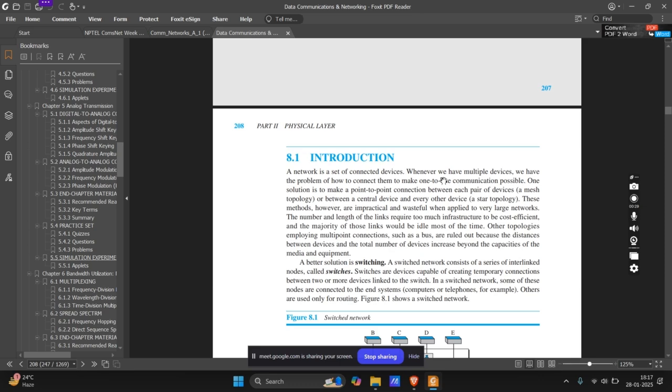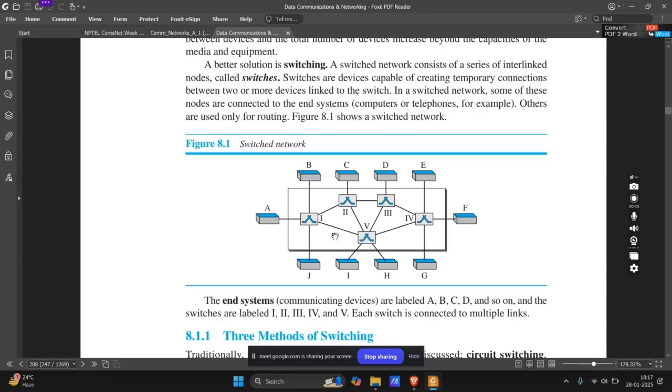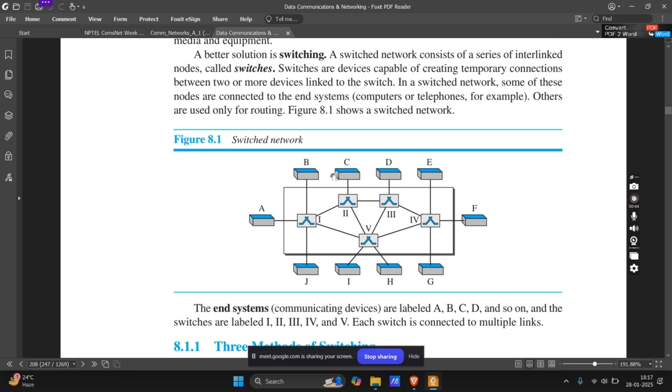Here you can see another example of a switch network. Previously what I have shown are small networks. Now in this figure 8.1, this is a more complicated network. From A to J, there are end users, and they are connected to their individual hubs.